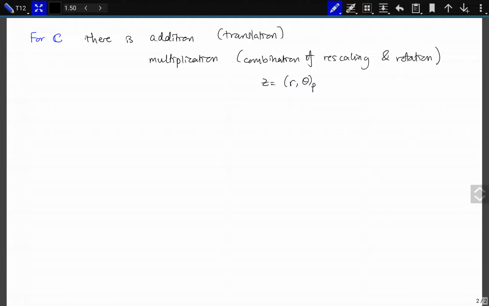So let's give another geometric description of what I mean by addition and multiplication now in C. So here's the Argand diagram again. There's 0, there's 1. This is known as the real axis. Here's the imaginary axis. And here's my vector or complex number z.